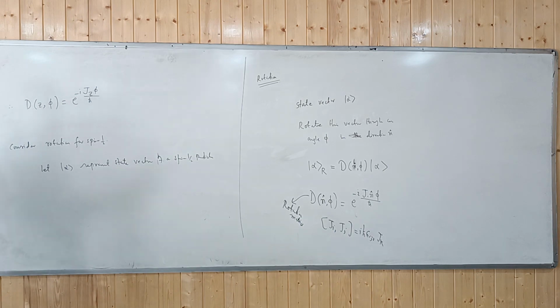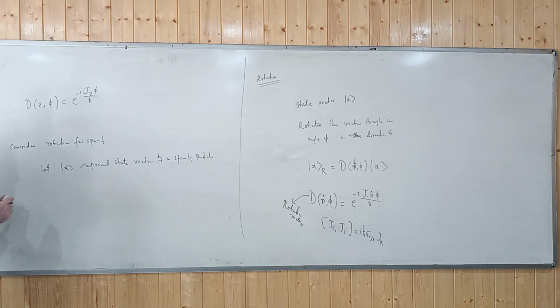That means you can consider it as a linear superposition of both up and down states. It can be up, it can be down, or it can be along the x direction, or along the y direction, whatsoever. So this is an arbitrary state corresponding to a spin half, which I have written as a general case.